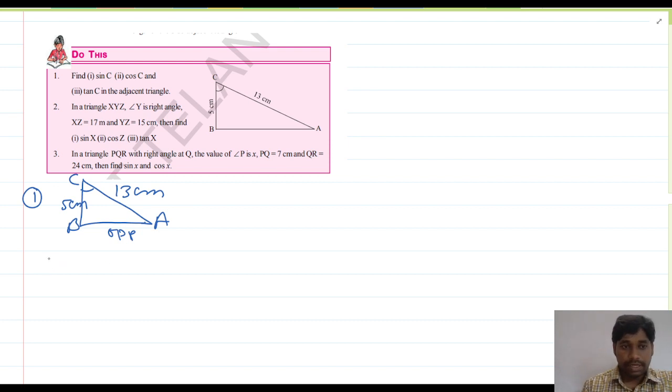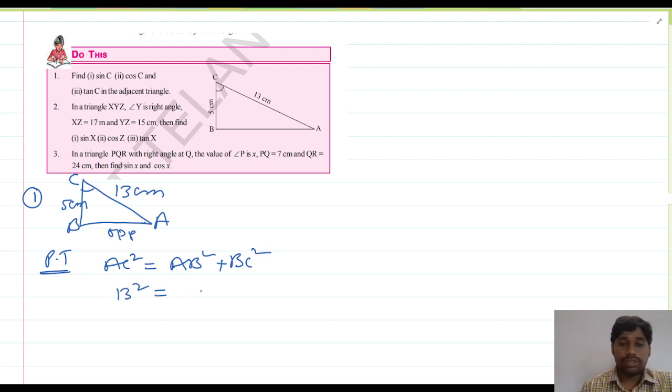So by the Pythagoras theorem, AC square is equal to AB square plus BC square. So AC value 13 square is equal to AB square, which is unknown, plus BC square, which is 5 square. So 13 square is 169 and 5 square is 25.